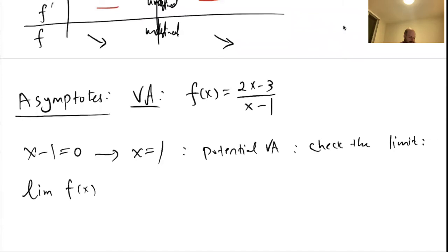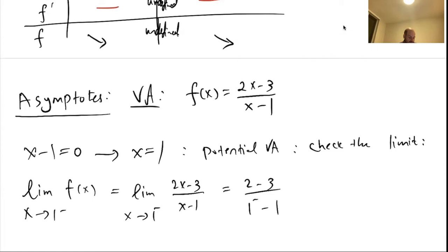Limit f of x as x approaches 1 from the left will be limit 2x minus 3 over x minus 1, x approaches 1 from the left. So that's 2 minus 3 divided by 1 minus minus 1. That's minus 1 over 0 minus. And this is plus infinity.